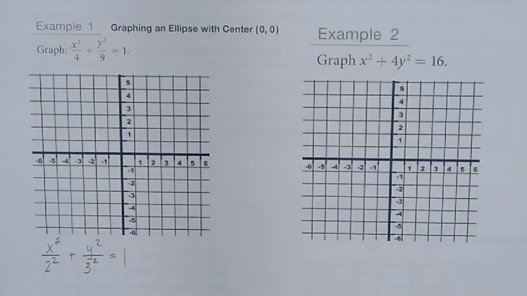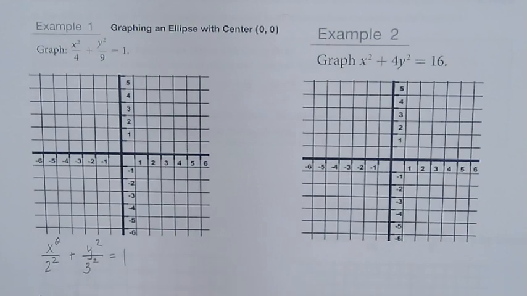So now which axis is our major axis? That would be the 3. So it would be the y, or our vertical would be a vertical major axis.